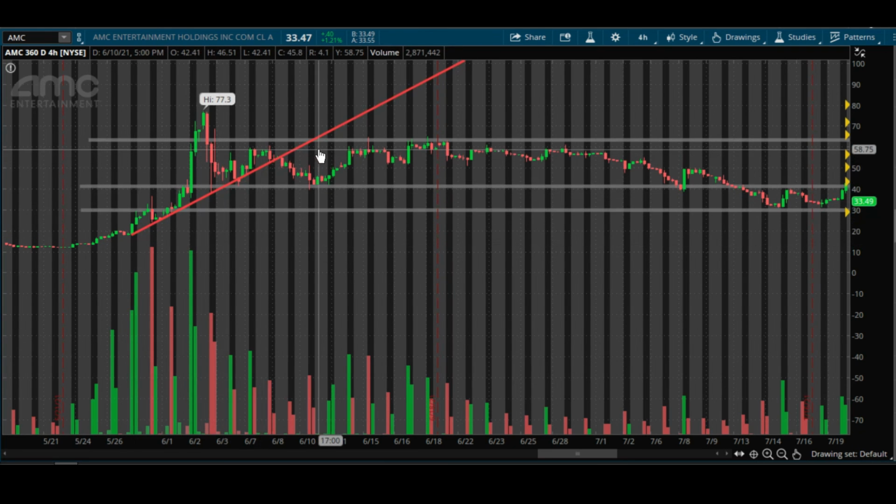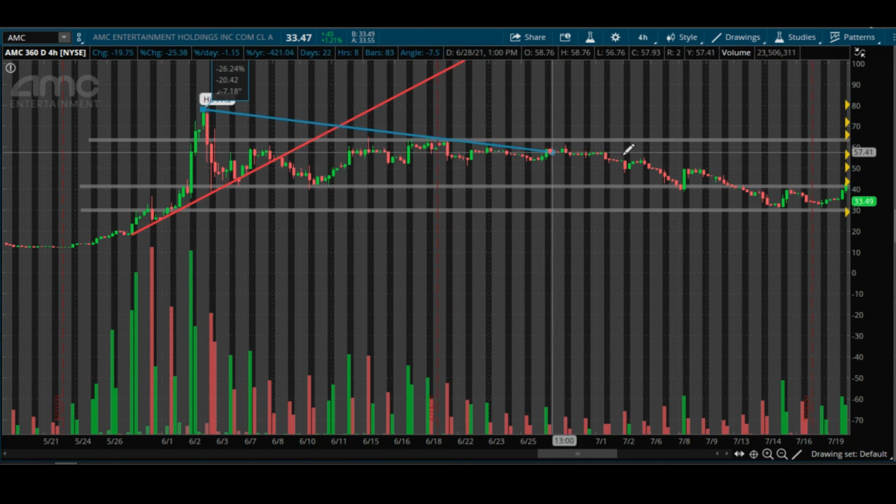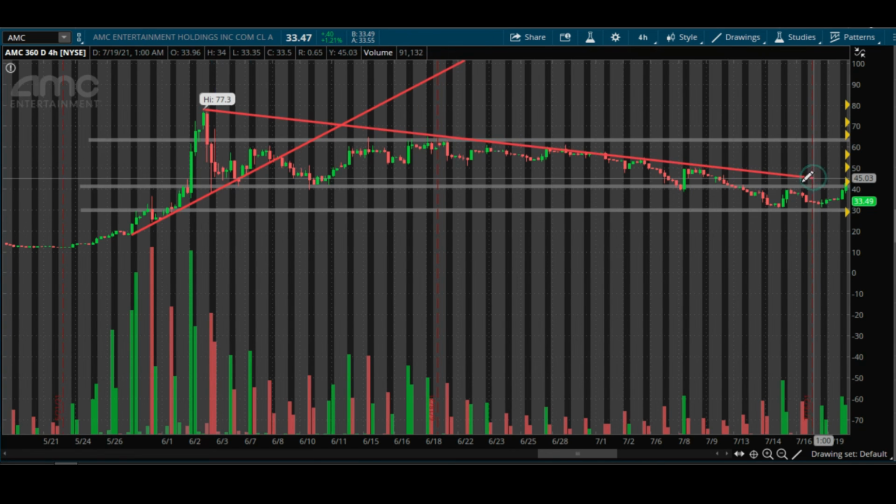So this indicates an upward trend, while this indicates a downwards trend. Now I'm just doing these lines for illustration purposes. I don't want them to be perfect, but typically you don't want to be like this. You want it nice and neat like these.